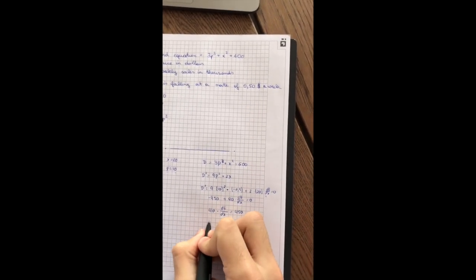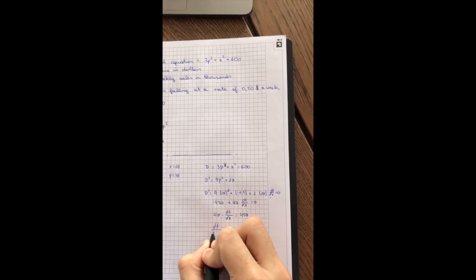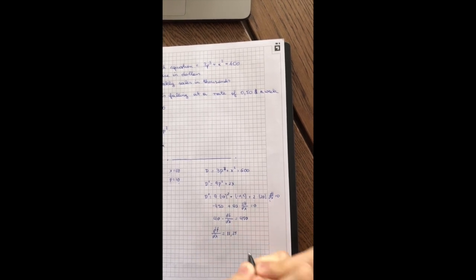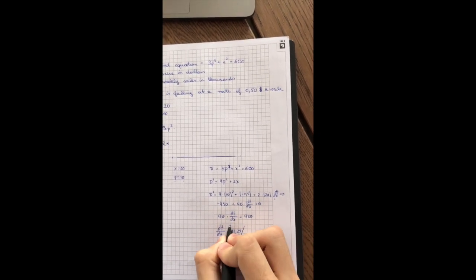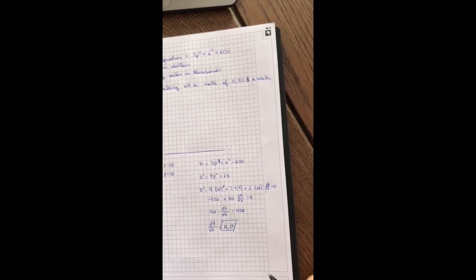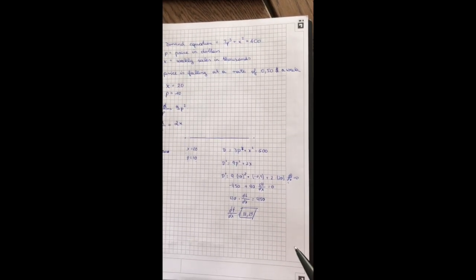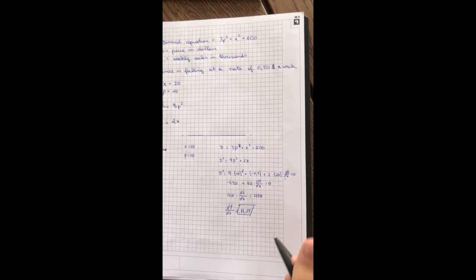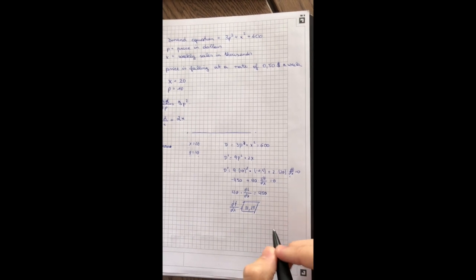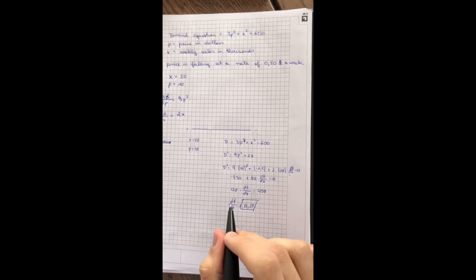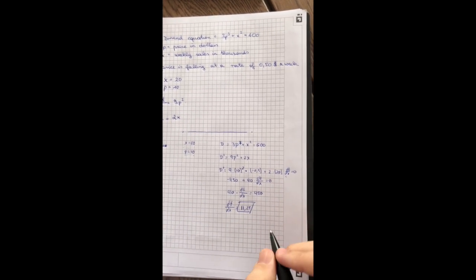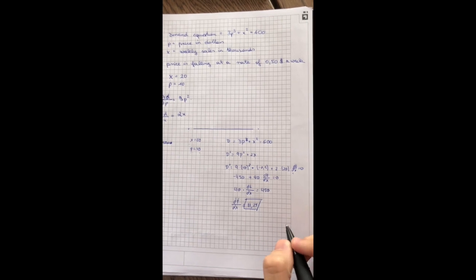Then dx over dt equals 11.25, and remember that this number is in thousands. So our conclusion is that the sales are rising at a rate of 11.25 thousand units per week when x equals 20 and p equals 10, and the price is falling at a rate of $0.5 per week.